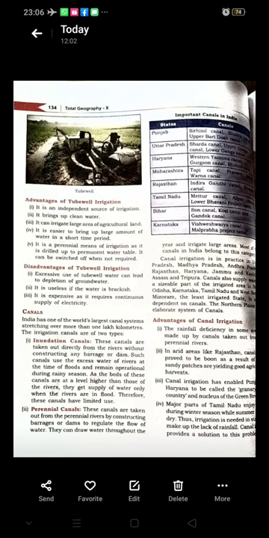It can irrigate a larger agricultural land, unlike the simple well, which is only able to irrigate a small area; the tube well is able to irrigate a larger area. It is easier to bring a large amount of water in a short time period. It is a perennial means of irrigation as it is drilled up to the permanent water table. It can be switched off when not required.